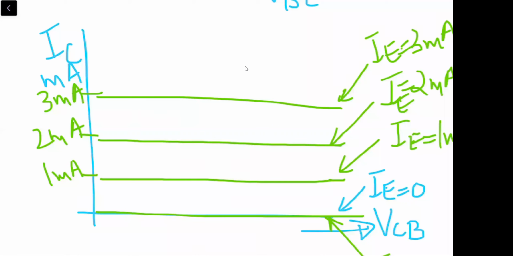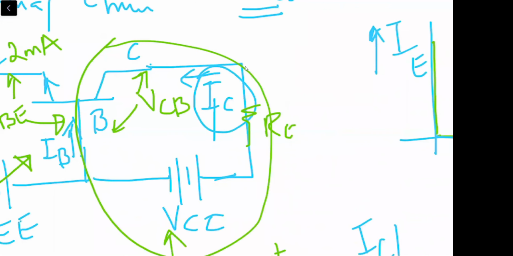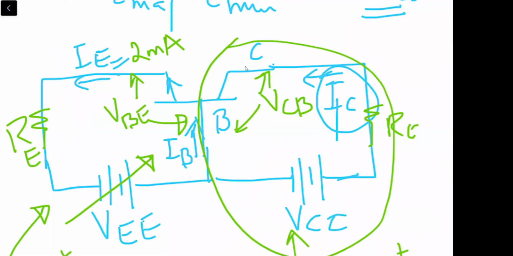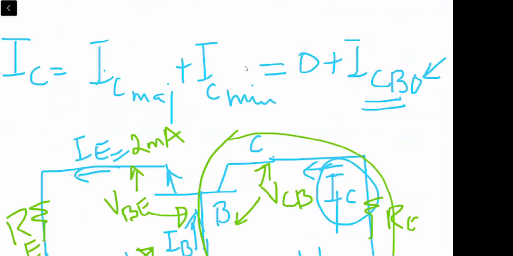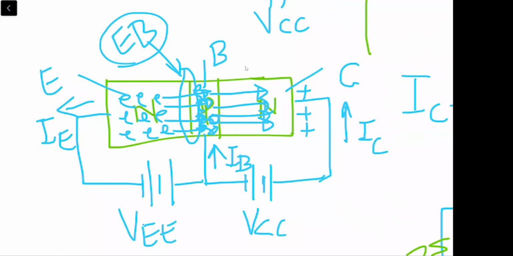Okay, if you see, the horizontal axis has the voltage VCB, right? So if we increase or decrease the value of VCB, the curves are more or less constant. Why? Because in the circuit we are providing VCC, and this VCC is providing positive potential over here.